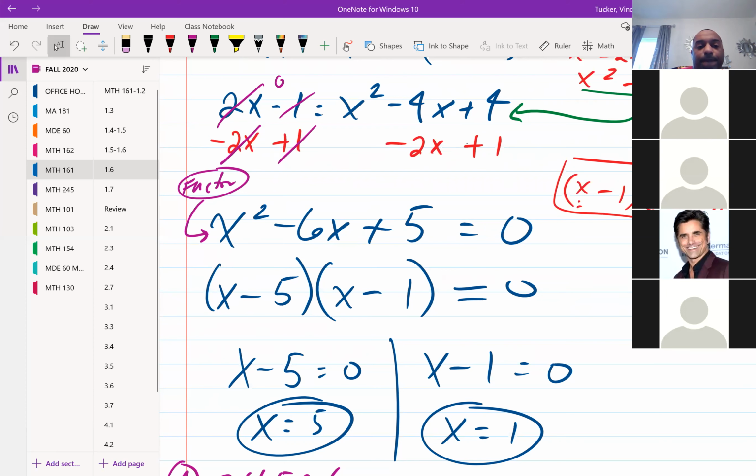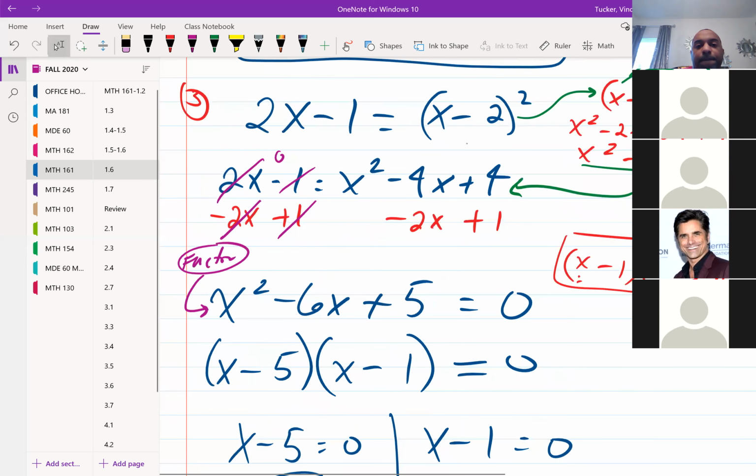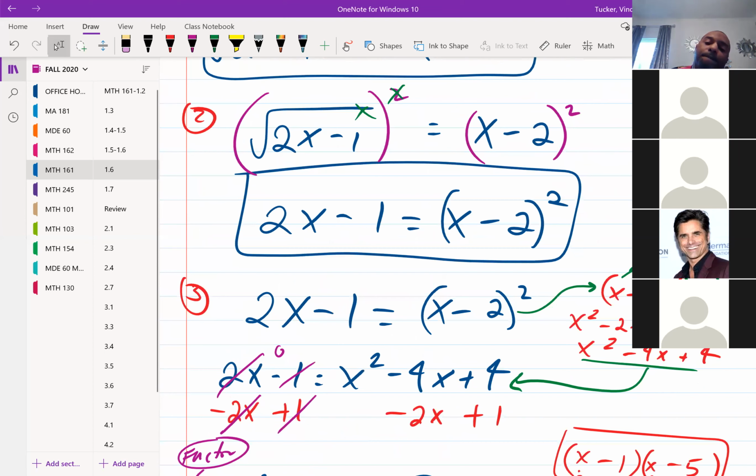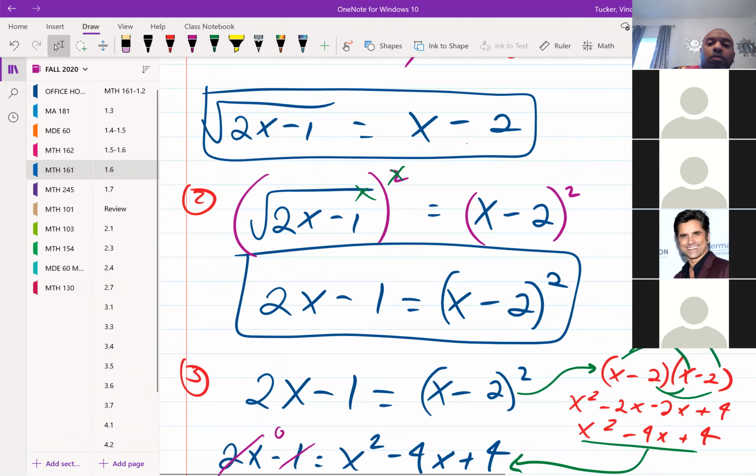I had a question. Yep. On step number 2, where you said square both sides, I'm kind of confused on that because I didn't see the square on the other side of the equation, like on the first step of 2. Like I didn't see that you squared x minus 2.